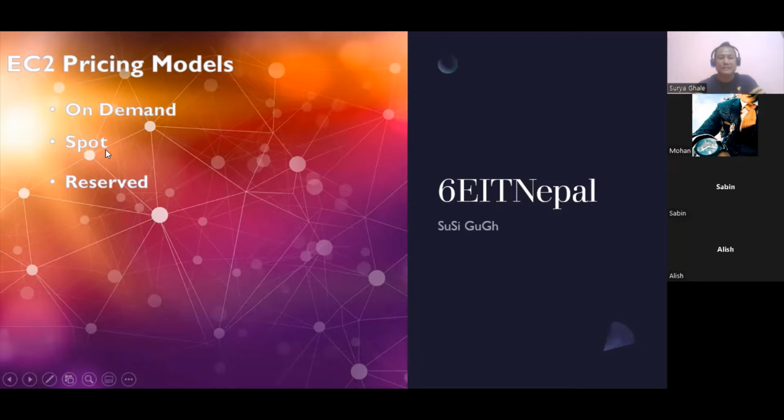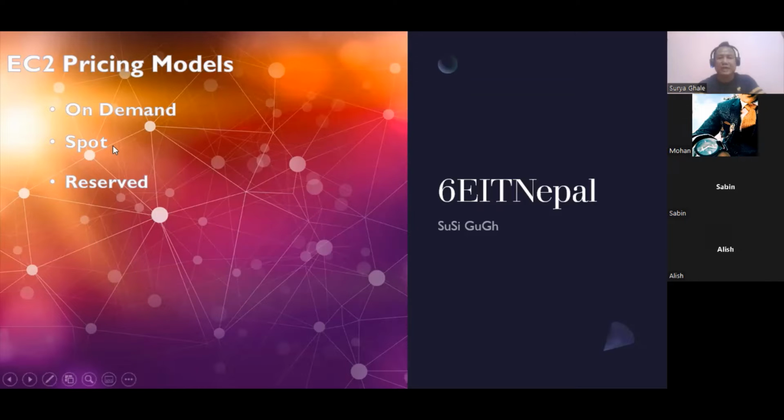Spot instances are very highly discounted instances, which are allocated from AWS's excess capacity. When AWS has a sufficient amount of EC2 instances, you can use spot allocation.